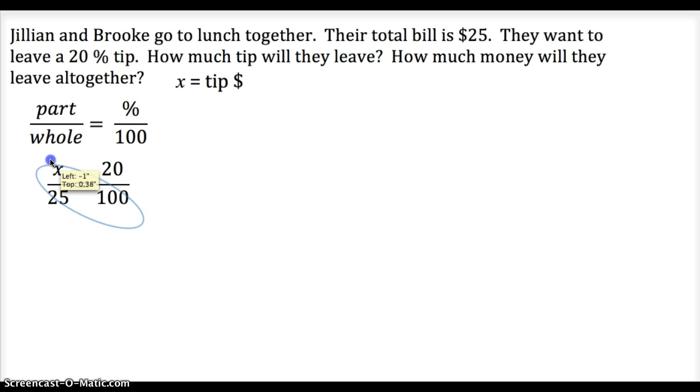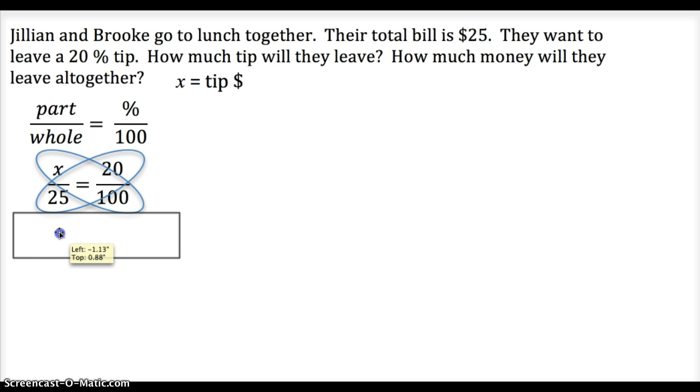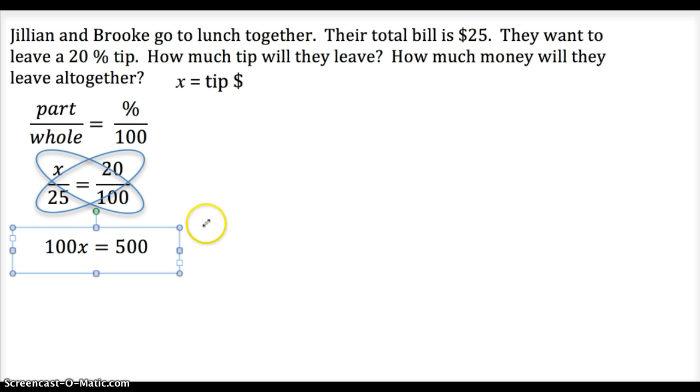So we cross multiply x times 100 and 20 times 25. x times 100 is 100x, and 20 times 25 is 500. So your next line is going to read 100x equals 500.